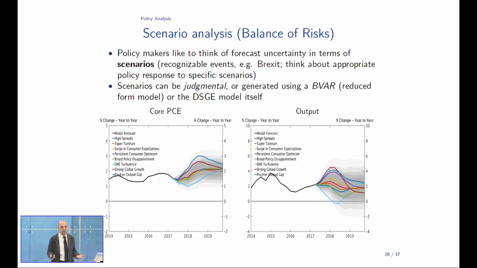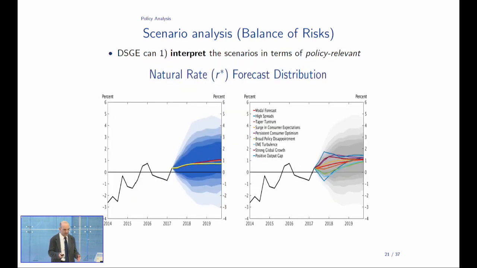Those scenarios are paths for output and inflation or other variables, which the DSGE model then interprets and spits out other things that are relevant for policymakers, such as the natural rate of interest. Or we can say, given that scenario, if policy does that, then you ameliorate the effects. That's what you have to do to counteract it. Okay.